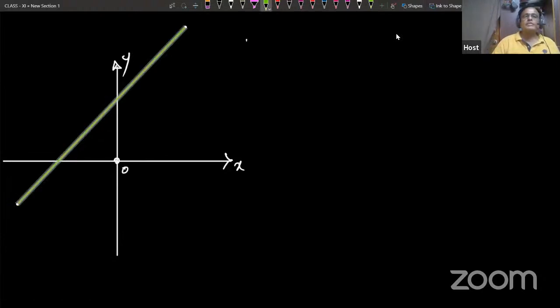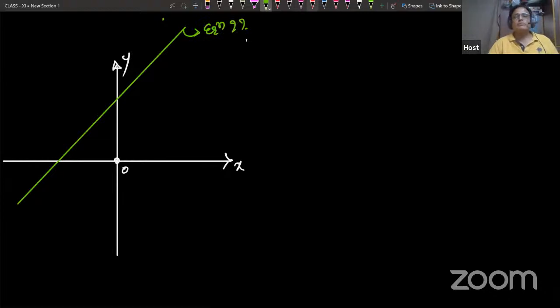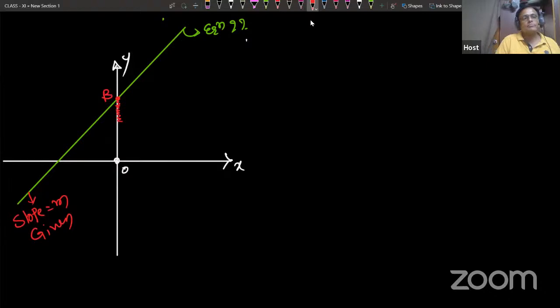Ultimately, we have to find its equation. What do we give? I'll give the slope, slope is equal to m, and next I'll give the y-intercept. This is called the y-intercept because this is OB. That is C, the y-intercept given.